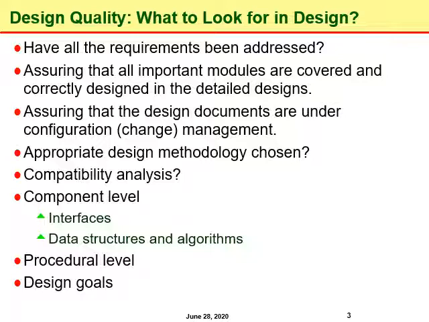Similarly, the next item to look for is the design goals. For example, are the goals of design stated? For example, goals related to reliability, flexibility, maintainability. Are they stated clearly? Does the design satisfy its stated goals, and so on.